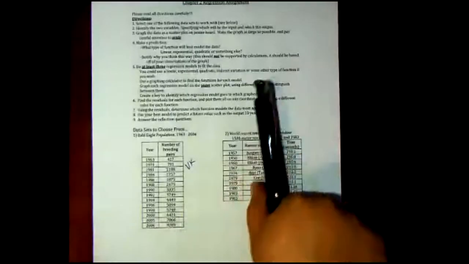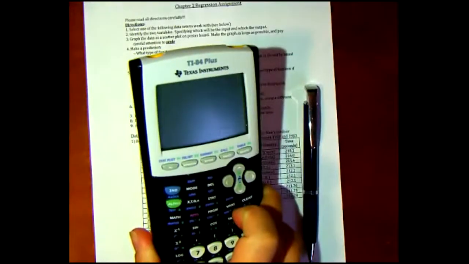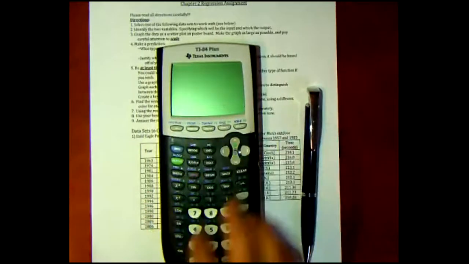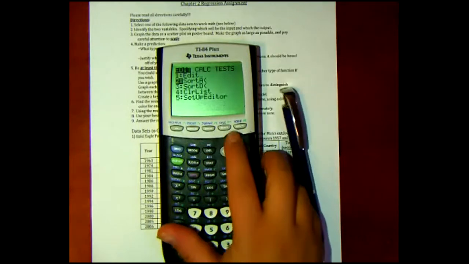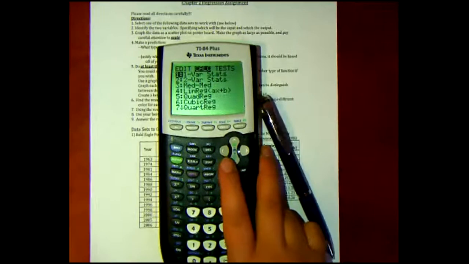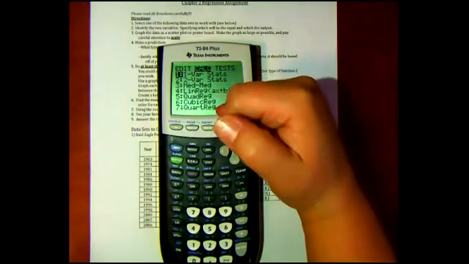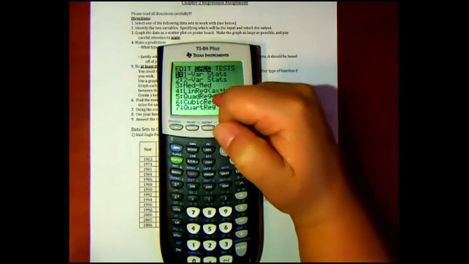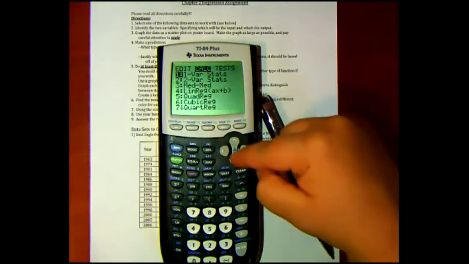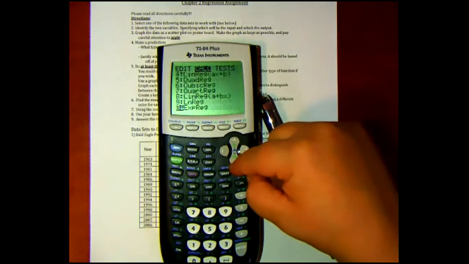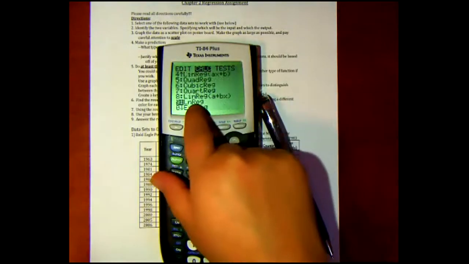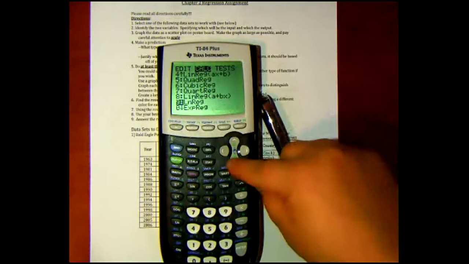Remember Desmos is your friend, and if you do not have a graphing calculator, Meta Calculator is your friend. But if you do have a graphing calculator, when you go to calculate, you have a lot of different options for regression. Linear, quadratic, cubic, quartic. Then natural log, that's LN regression, number 9.